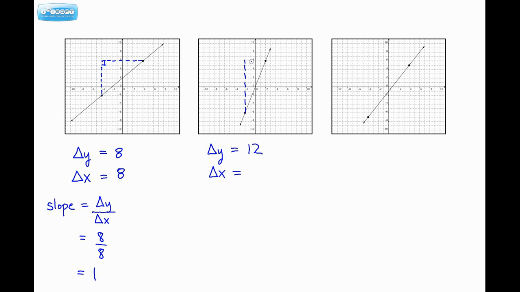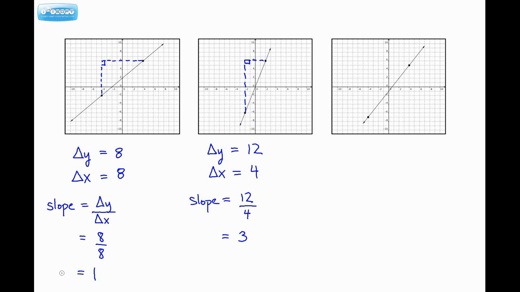Well, to get over here to my desired point, I just go 1, 2, 3, 4. That's 4 spaces to the right. That's a 90-degree angle. So my delta x is positive 4. Alright, so my slope, delta y over delta x, is just 12 divided by 4, which is 3.